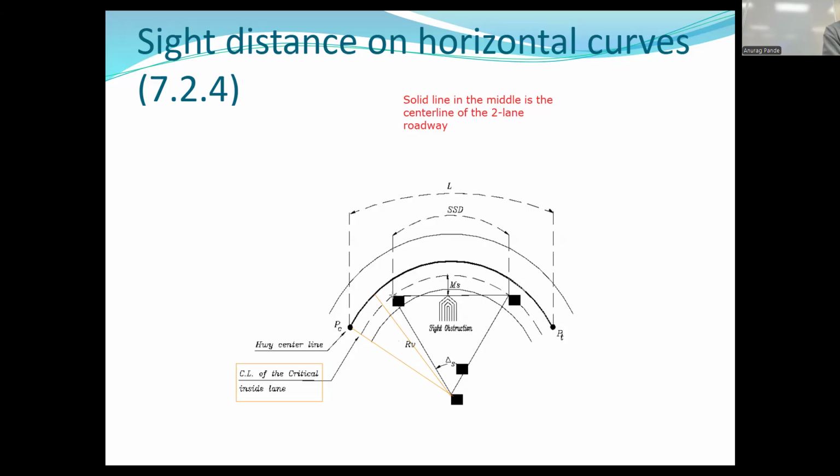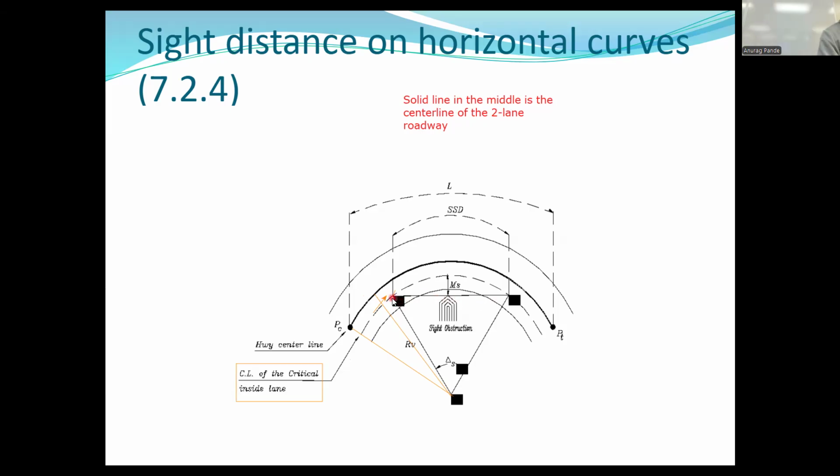And then I'm drawing this point here, that's the start of a new subsection of the curve. Why is that subsection important? Because this is the first point at which a driver traveling in this direction can see around the bend, at which they can see what's happening on the other side of the roadway.